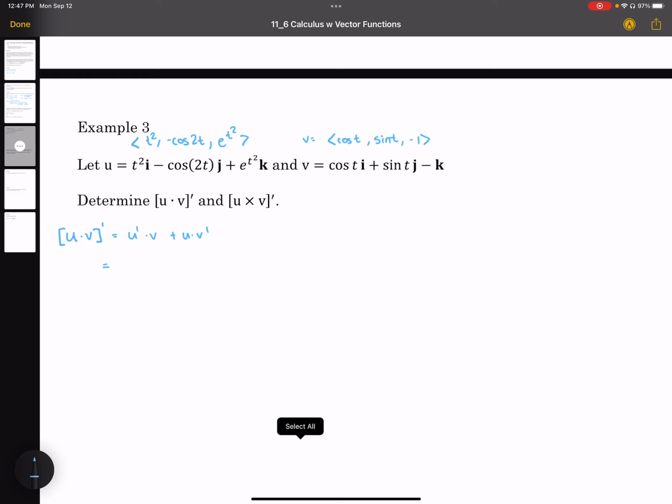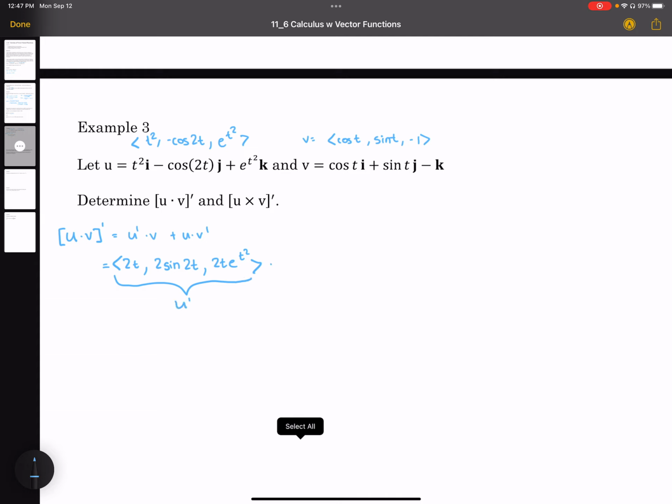So u prime is going to be, we're just going to write this out as a vector, 2t. The derivative of negative cosine 2t is going to be 2 sine 2t, and the derivative of e to the t squared is 2t e to the t squared. Chain rule, remember.